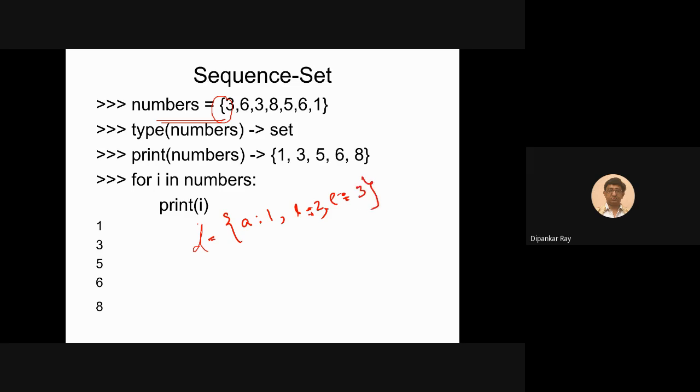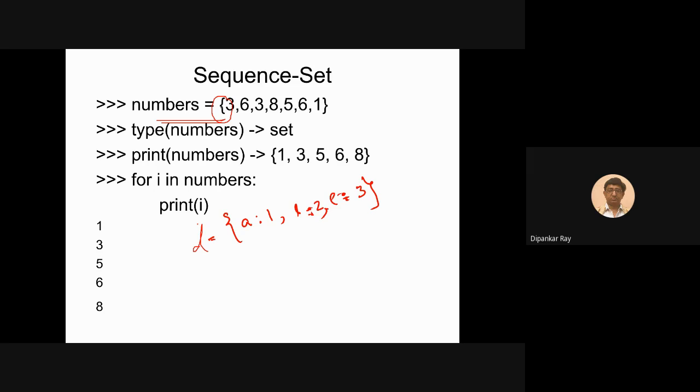So this is a dictionary of characters. The key is a, the value is 1; key b, value is 2; key c, value is 3. So dictionary and set both use the curly bracket.